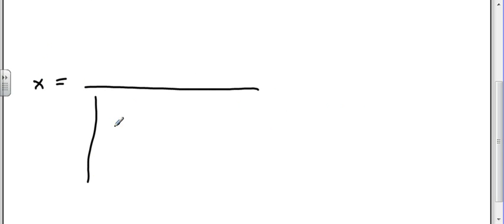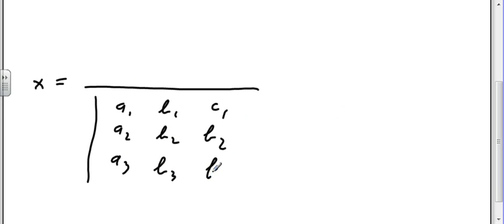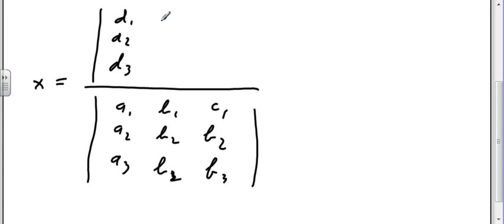Well, if I do, then my x becomes, and on the bottom, I just keep the coefficients of the x's, y's, and z's, and I find that. And then on the top, for the A column, I substitute what's on the other side of the equal sign, which in this case are the D's.